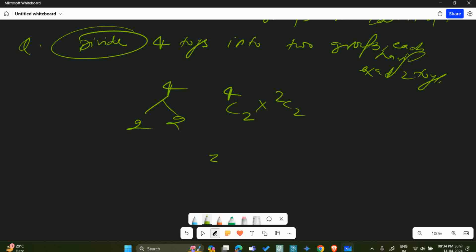So it is 4 factorial upon 2 factorial into 2 factorial, into 2 factorial upon 2 factorial.